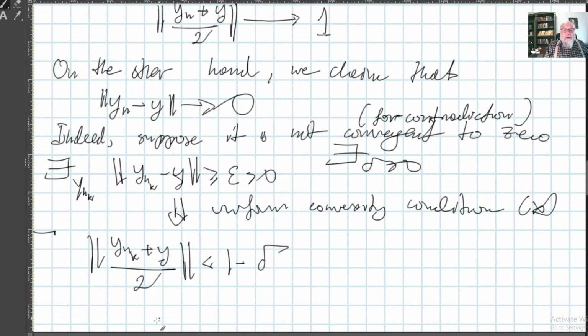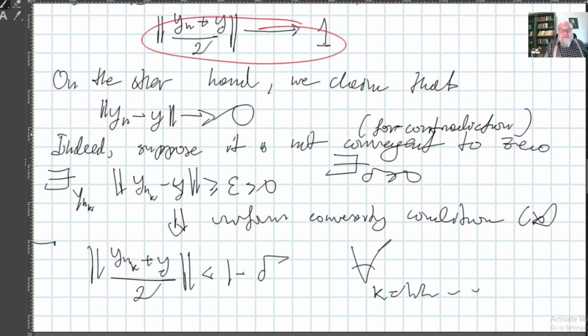This means it would be true for every nk, so for every k equals 1, 2, and so on. But that's not true because here, in this condition, we have exactly the opposite statement, which is not possible because it's convergent.